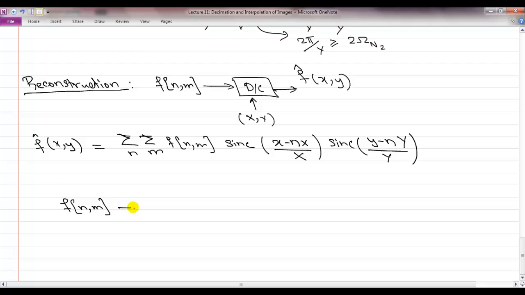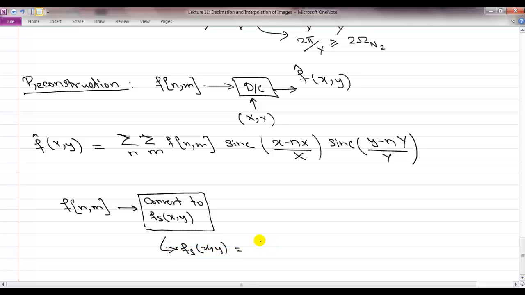We first take the sequence and convert it into a Dirac comb, f_s of xy, where f_s of xy is simply defined by taking the sequence value and putting an impulse at the right location with height f of nm. So this is exactly as before. f_s of xy is defined to be the sum over nm of f of nm delta of x minus nx delta of y minus my. Okay.